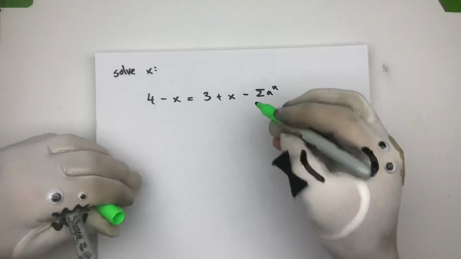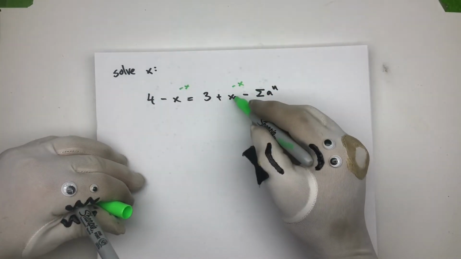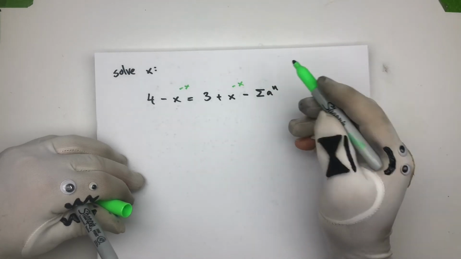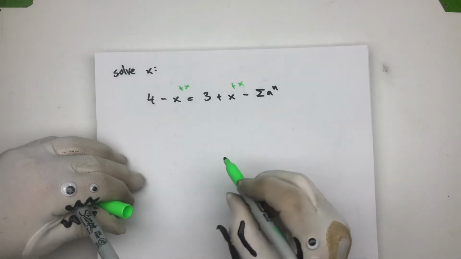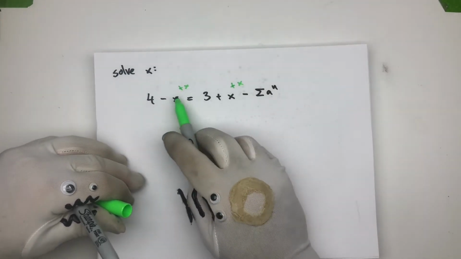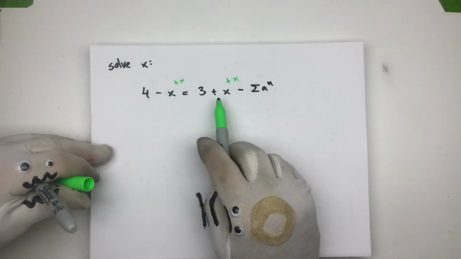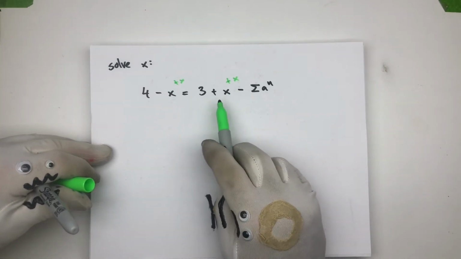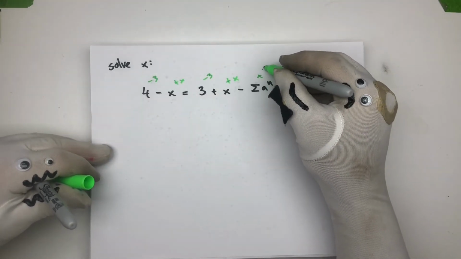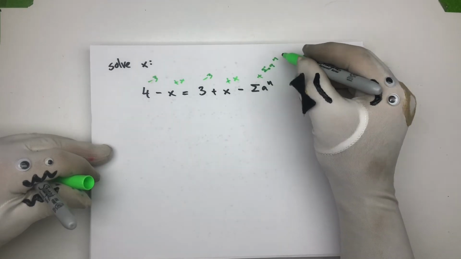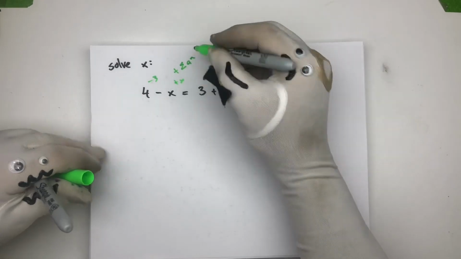So what we're going to do here is just add and subtract terms. I'm going to plus x on this side and plus x on this side, just because I'm not dealing with a negative yet, and not dealing with multiplication. I'll have all my x's over here, and I'm going to minus 3 on both sides, and add this summation of a to the n over here.